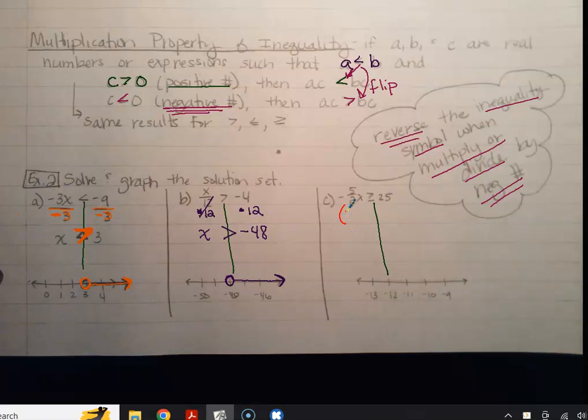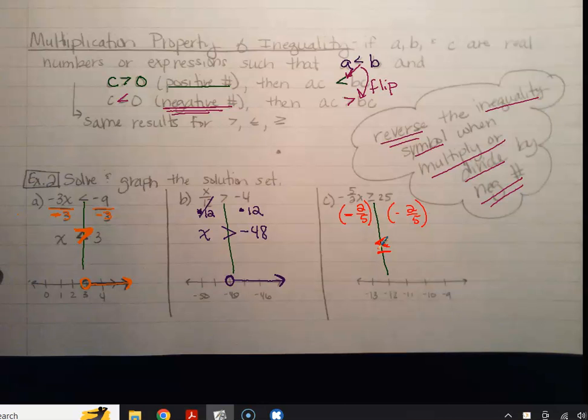The reciprocal of negative 5 halves is negative 2 fifths, the flip of that, because I have to get rid of the negative. So we're going to multiply by negative 2/5 on both sides. I multiplied by a negative, so I'm going to go ahead and flip my sign right now so I don't forget.